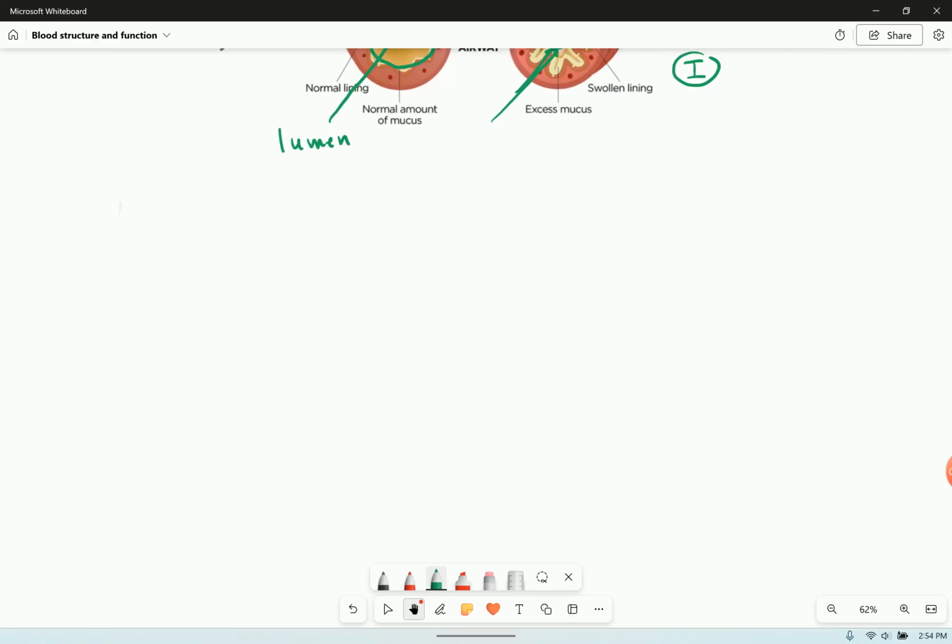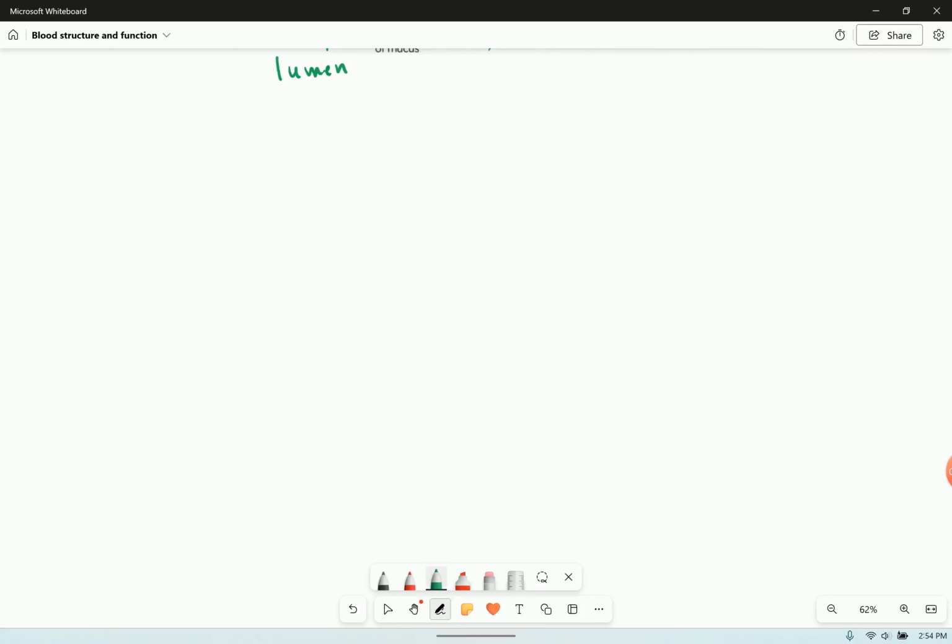All right, under normal circumstances, we're going to have a bronchial tube that is open, so bronchial dilation, and then we will have a bronchial tube that is more narrow. So this is bronchial constriction or relaxed.